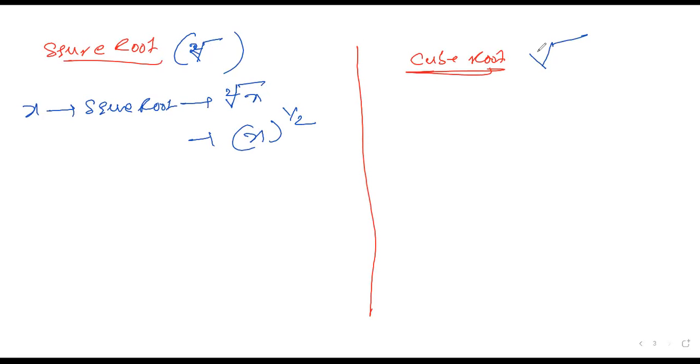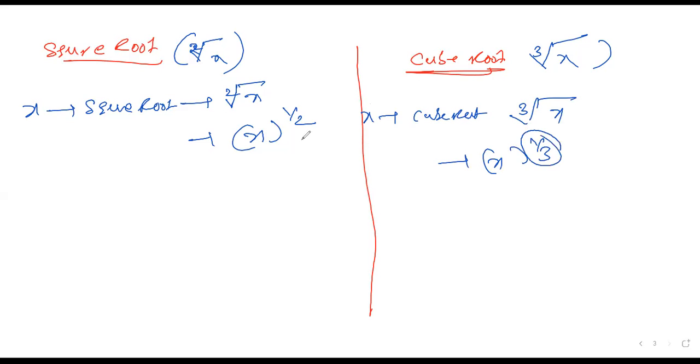The cube root of the number x you write with the cube root sign, and nothing but you can write x power 1 by 3. It's very interesting: x power 1 by 3 for cube root, x power 1 by 2 for square root. You have to write like this.